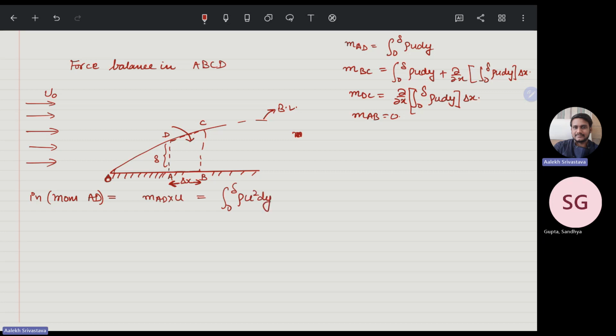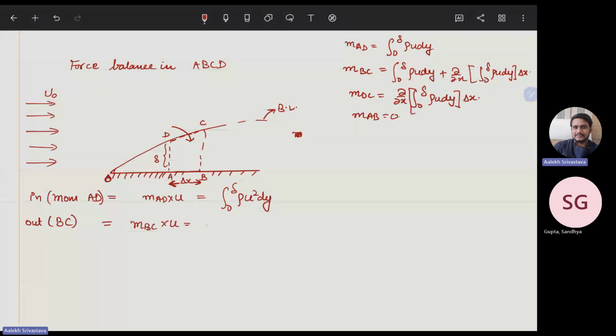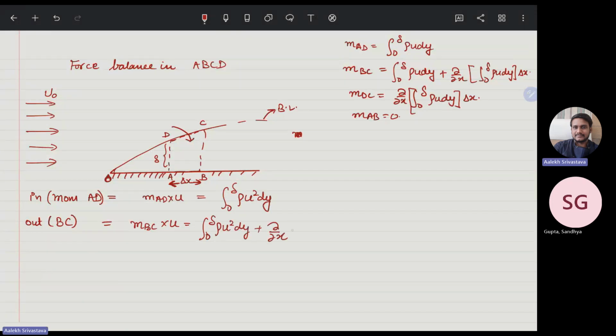We only multiply with u so that you can get the momentum that is coming in. Now, what is the out momentum from BC? It is the mass of BC into u. So it is none other than the integral from 0 to δ of ρ u square dy plus ∂/∂x of the integral from 0 to δ of ρ u square dy Δx.